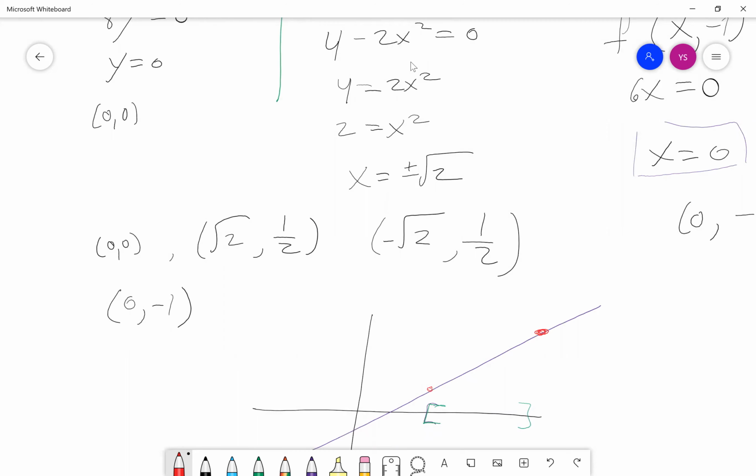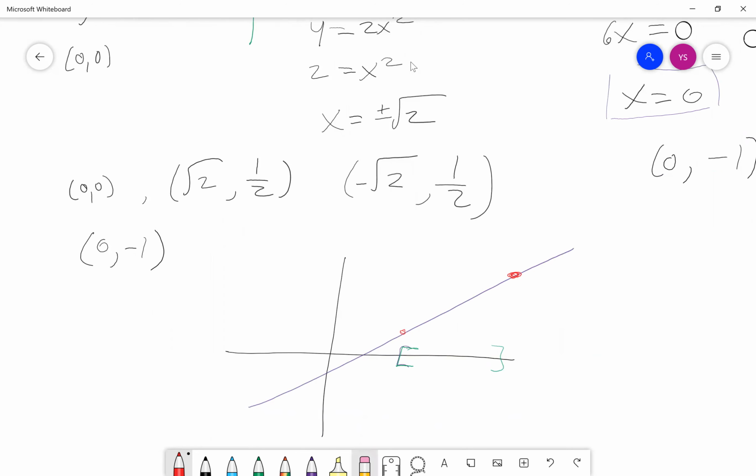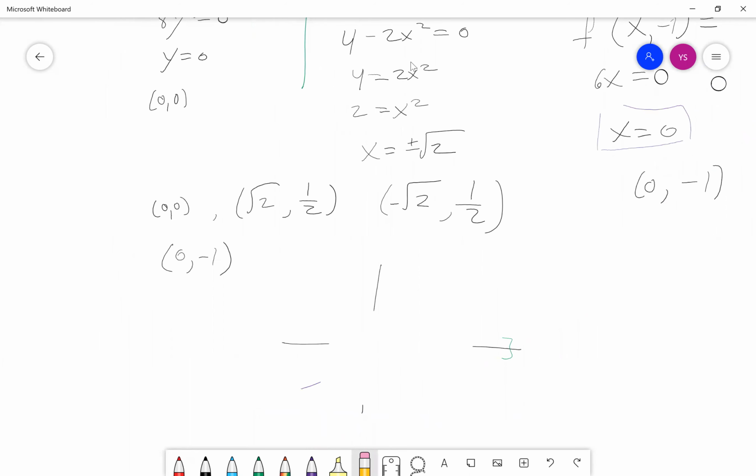Okay, looks good. So next part, D2. Okay, D2.